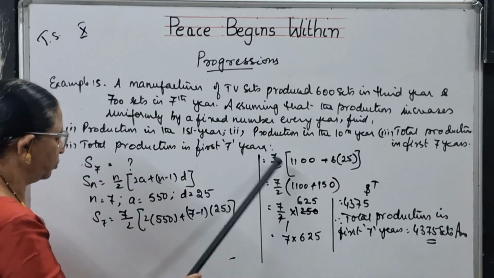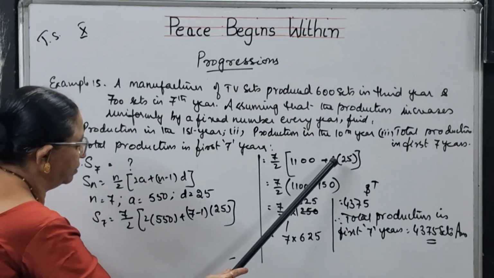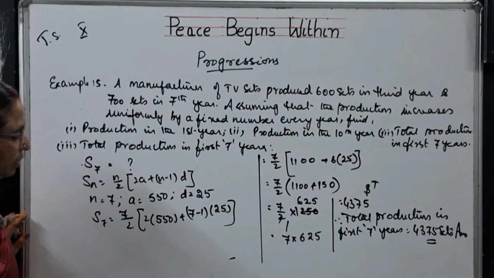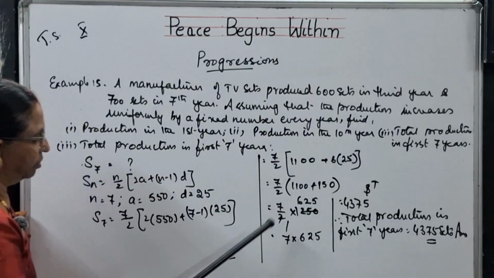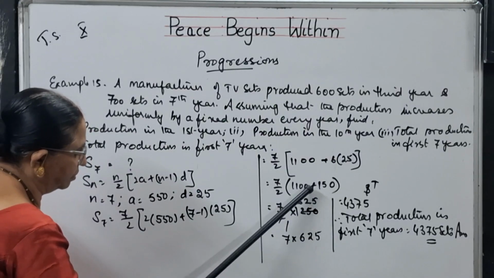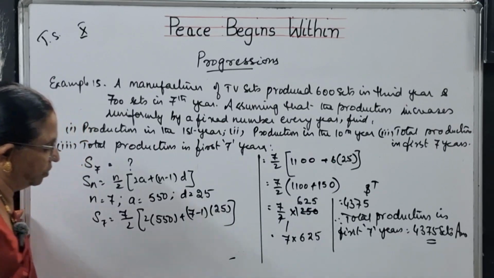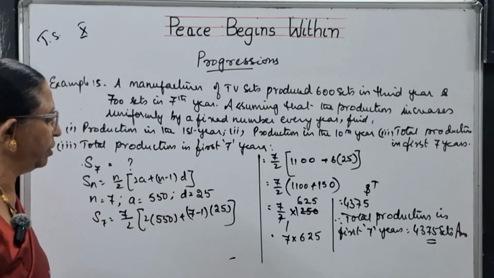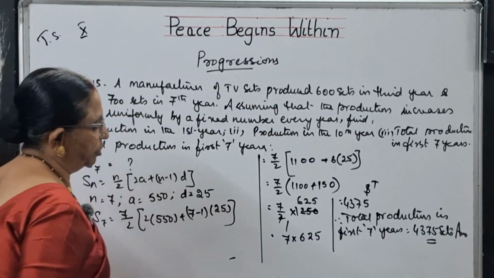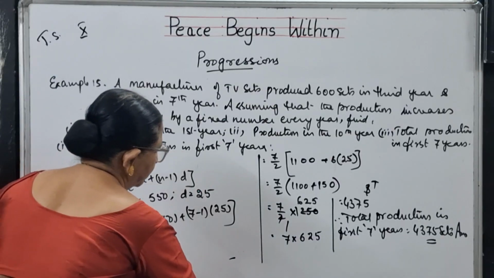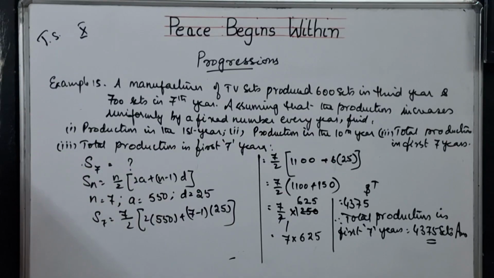That is 7 by 2 into 1100 plus 150. 7 by 2 into 1250. So 2 2s are 2 5s are 7 into 625, that is 4375. So total production in the first 7 years is 4375 sets. This is the answer. Please note it down, children.